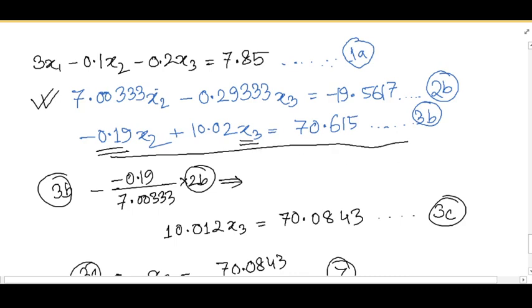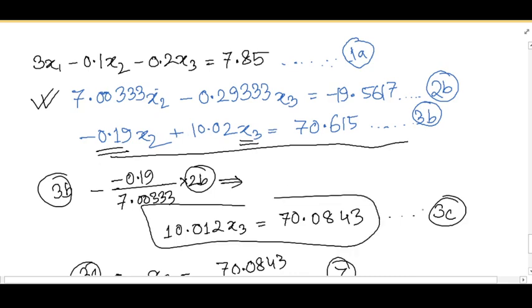So the final upper triangular matrix which we have formed will be replaced by this one, 3c. Whatever x3 we have got, we will apply this to 2b, this one. And whatever we get for x2 and x1, we will apply it over this equation 1a.